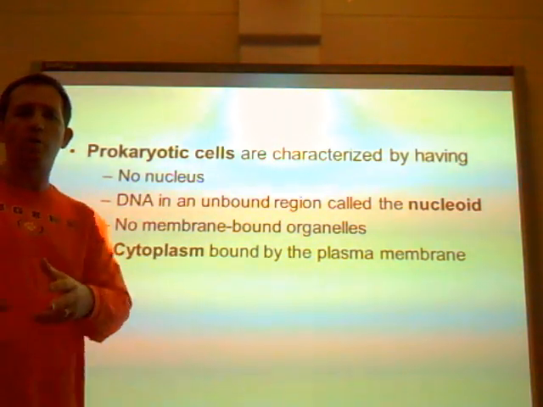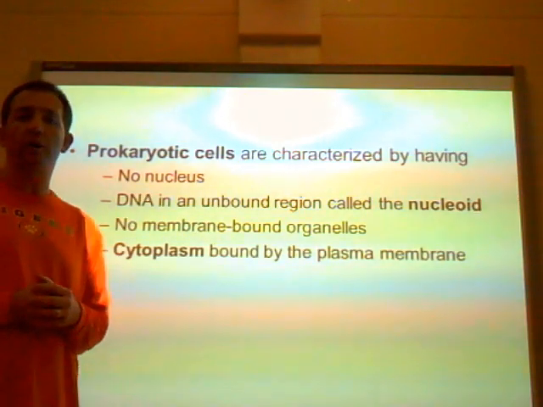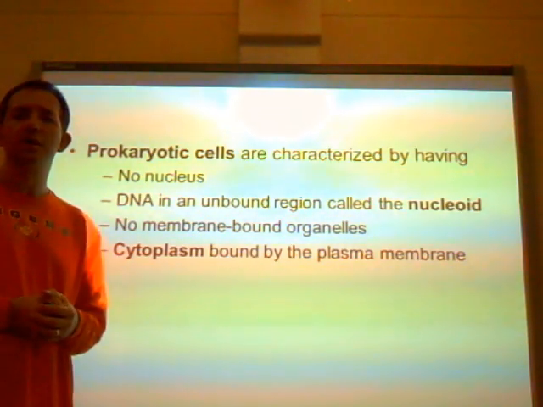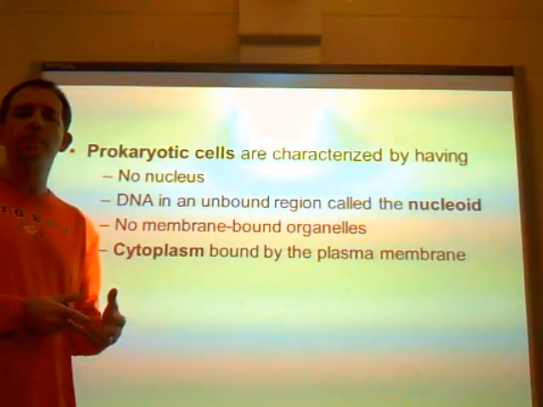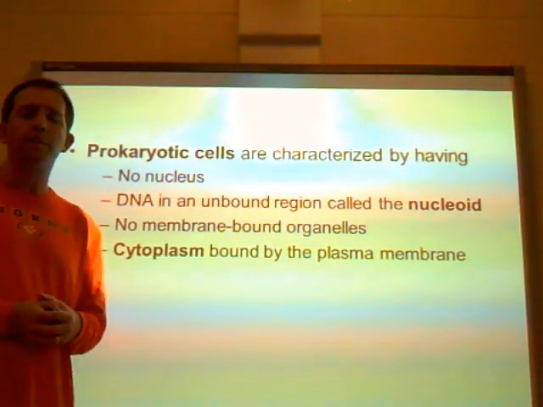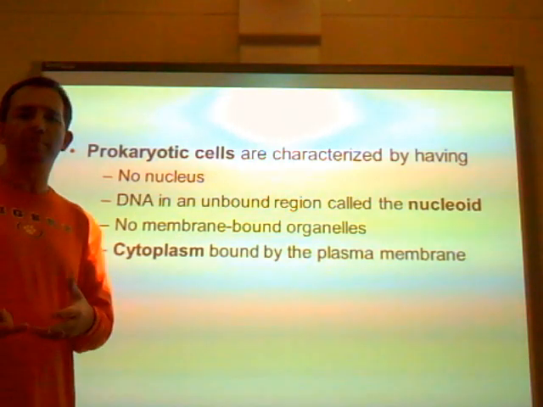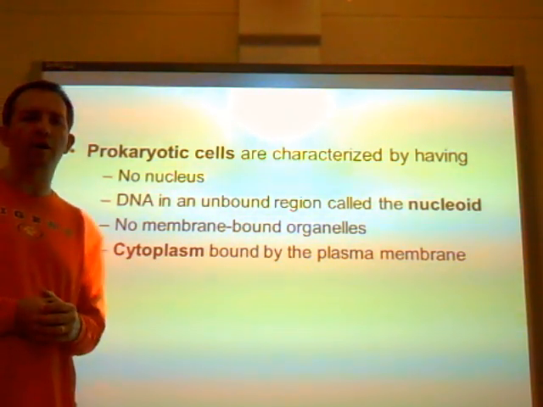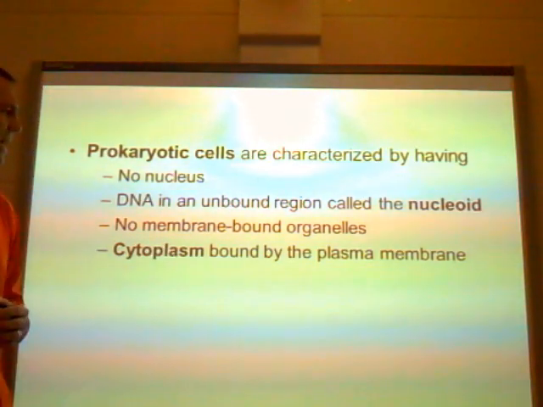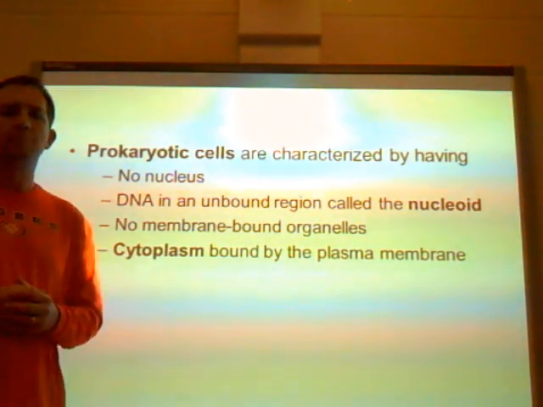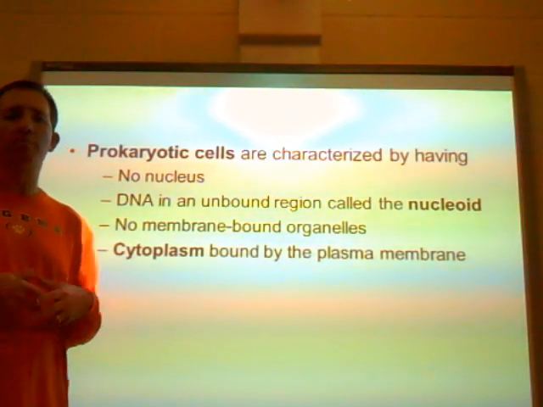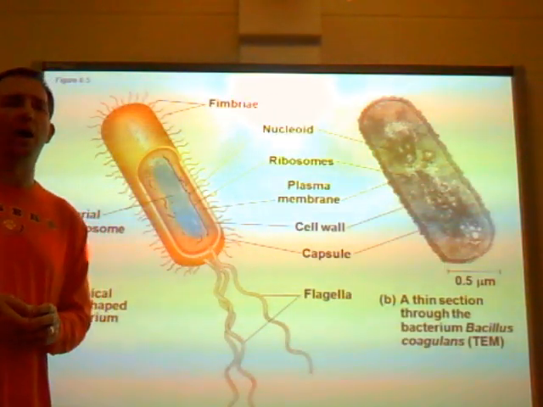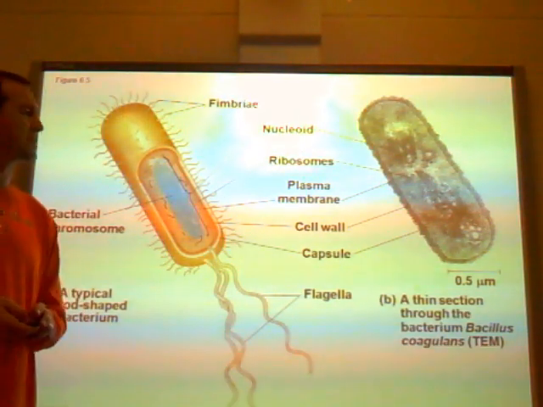So as we progress through this chapter and we talk about things that hopefully you remember from some of your past classes, mitochondria, endoplasmic reticula, Golgi apparatus, those types of things, we're not going to find those in prokaryotic cells. And then they have a cytoplasm that is bound by the plasma membrane or cell membrane, which is very similar to what you will find inside of the eukaryotes as well.